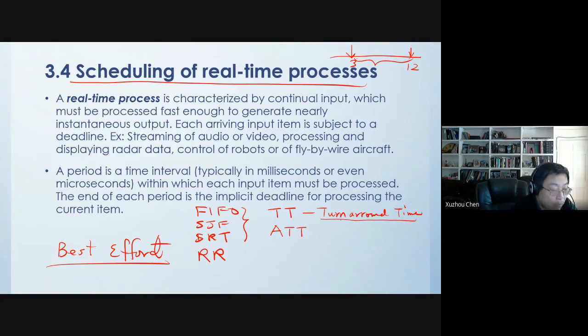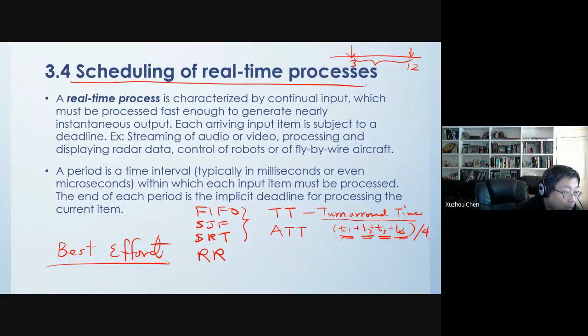If the turnaround times are T1, T2, T3, T4, for process 1, 2, 3 and 4, then the average is the sum of these turnaround times divided by the number of processes, which is 4. You should be able to do that.